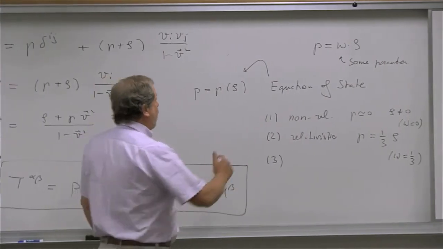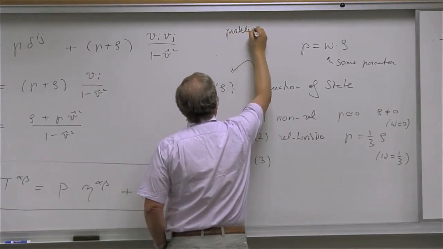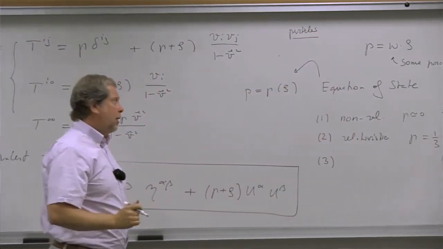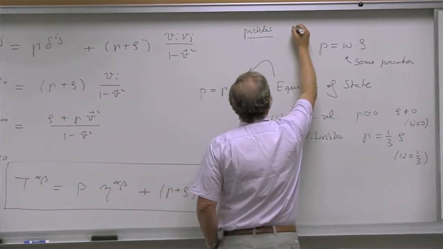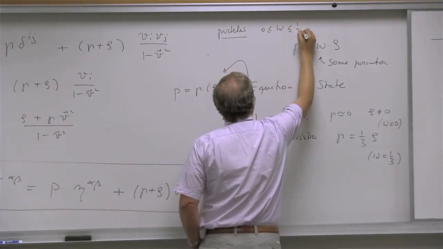Now it turns out that if you have particles, and this is done in, again, Weinberg has a little discussion on that, it's very easy to show, it just takes half a page, that if you have particles, then W is between 0 and 1/3.